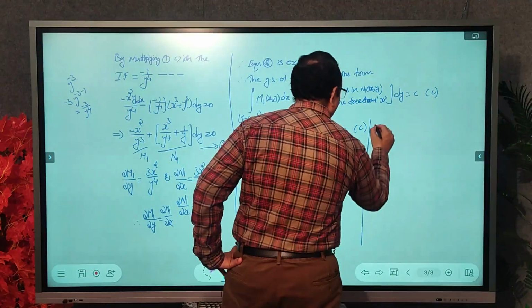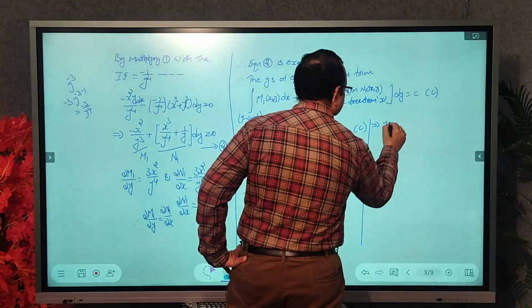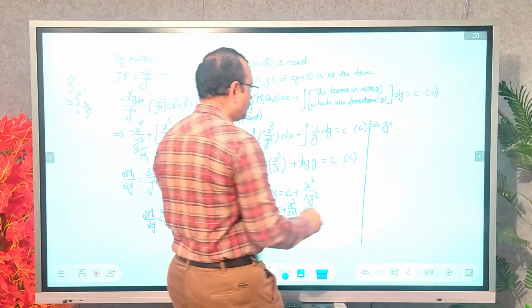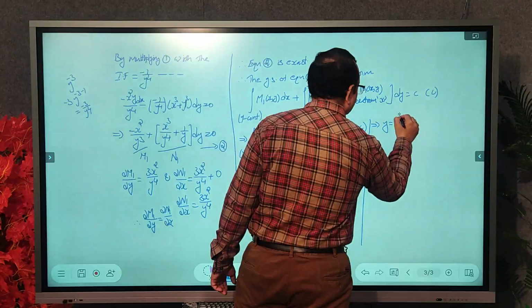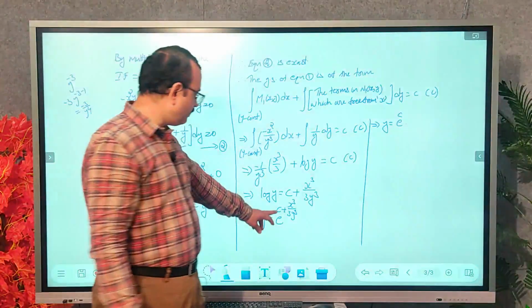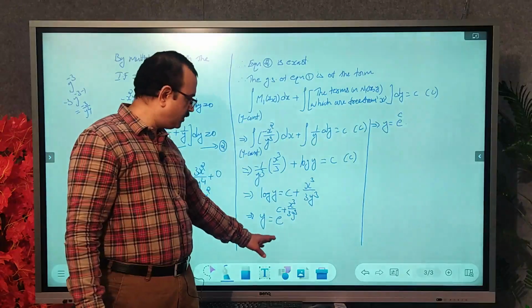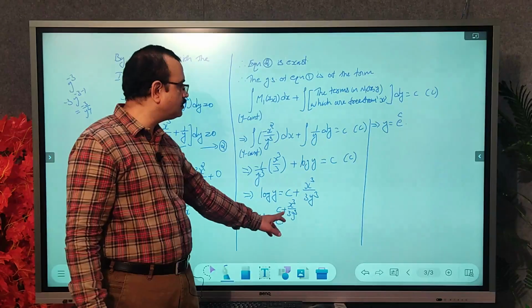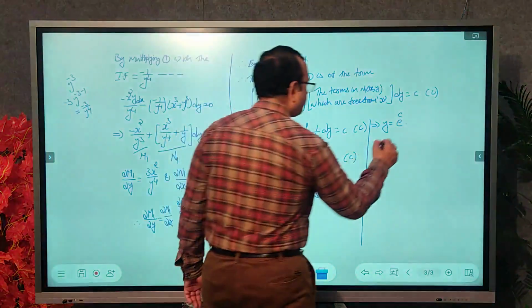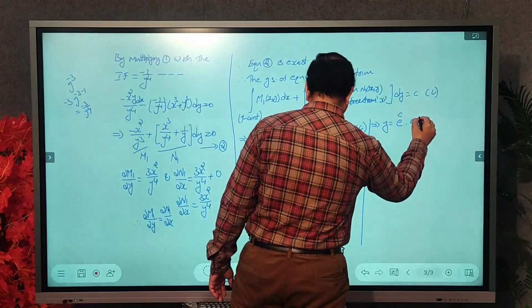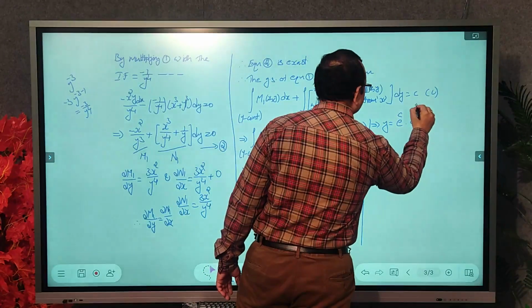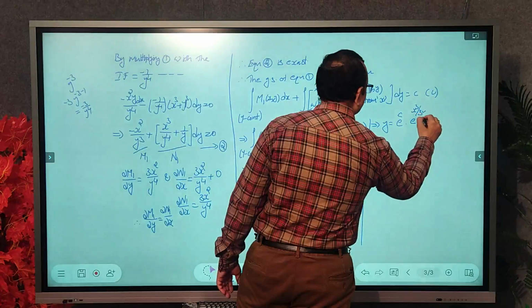We can simplify it more: y is equal to e power c into e power x cube by 3y cube.